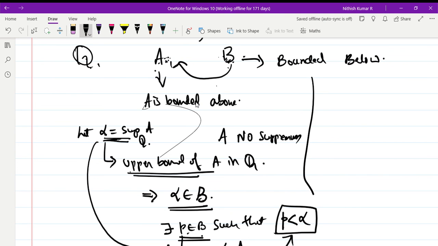In a similar way, B is bounded below. Suppose B has an infimum.